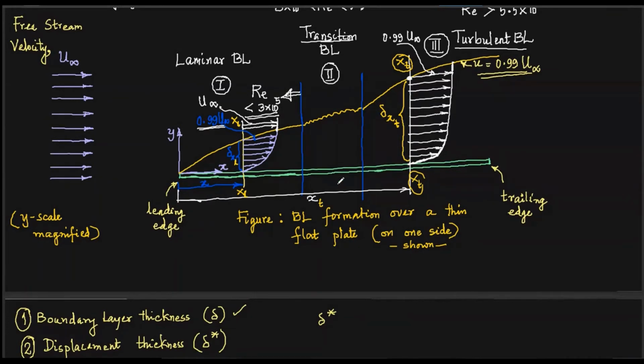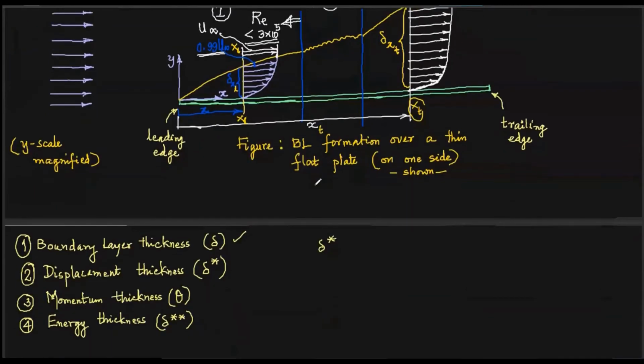So because of the boundary layer formation, the flow suffers from a reduction in the mass flow rate. So there will be a reduction of mass flow rate or loss of mass flow rate. And so we introduce a mathematical quantity delta star representing displacement thickness to account for this loss, to account for the loss in mass flow rate due to boundary layer formation.